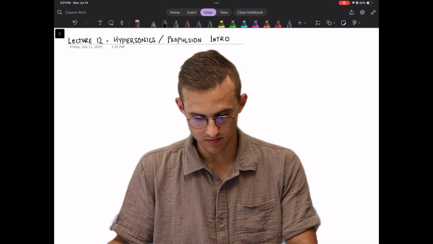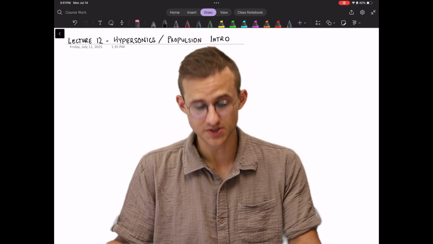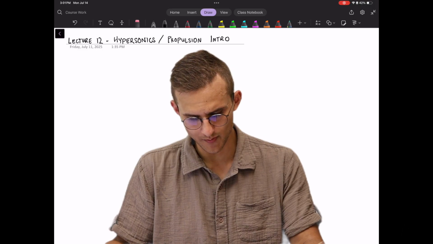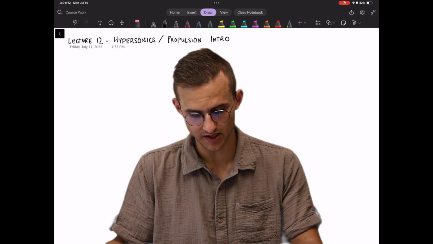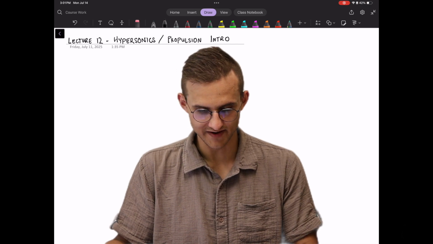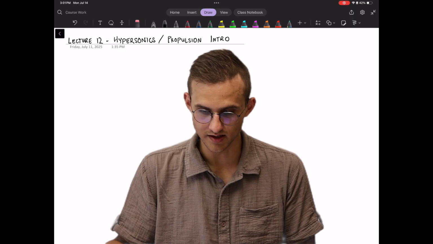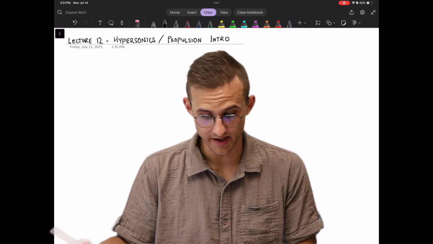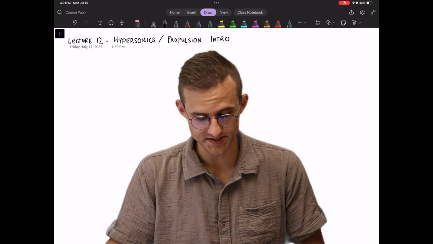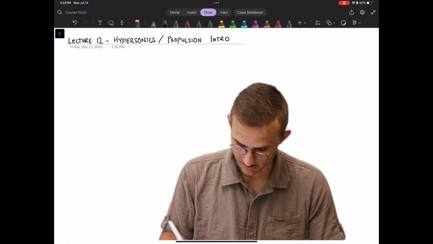After the hypersonic section, we're going to do an introduction to propulsion, some key definitions, and go back and review some key thermodynamic cycles that allow us to define some efficiencies. These will be important figures of merit and values that you'll be chasing in your homework, for example. So let's go ahead and get started.